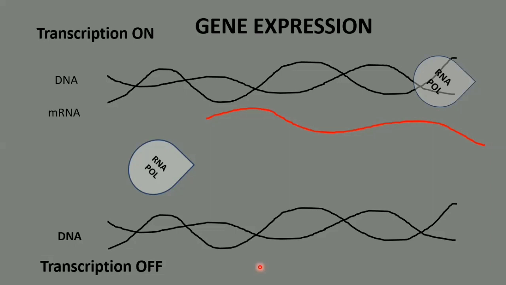So how do we get so many different kinds of cells with different function? What we do is we turn on or turn off different combinations of genes. Each cell has the exact same genome.